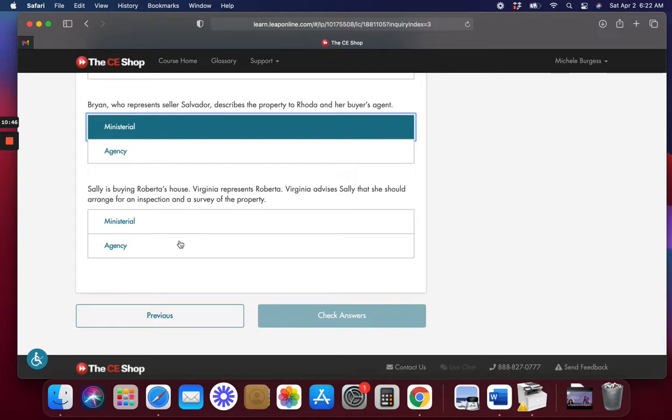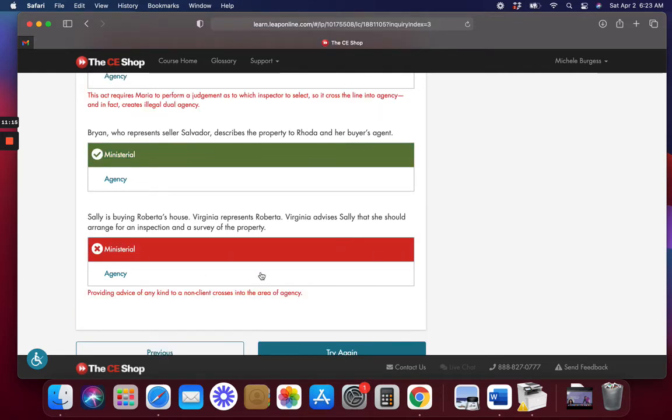Virginia advises Sally that she should arrange for an inspection and survey. Oh my God, this is so confusing. Okay, I think it's just ministerial.